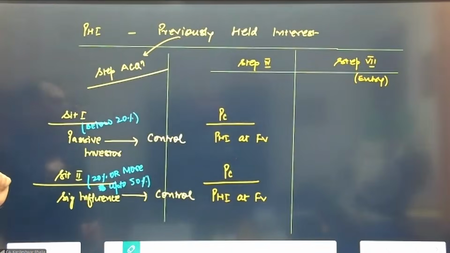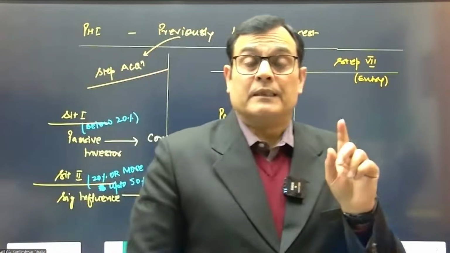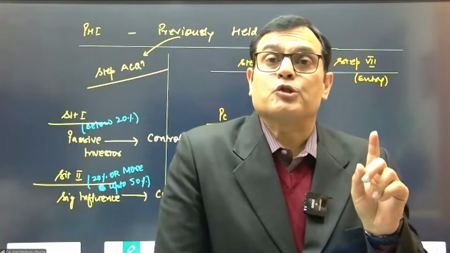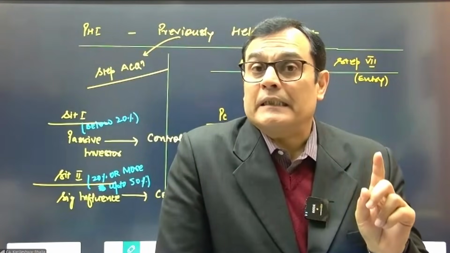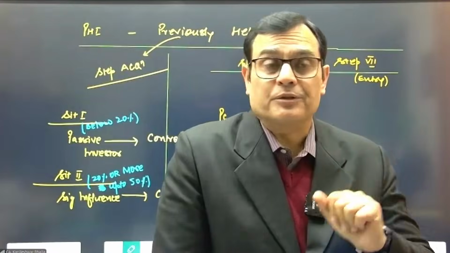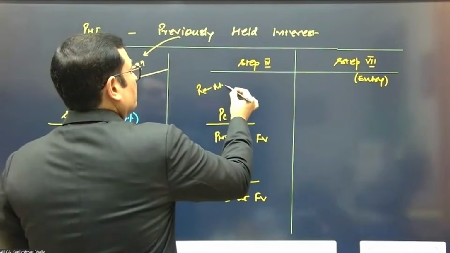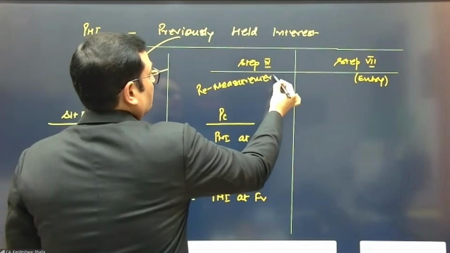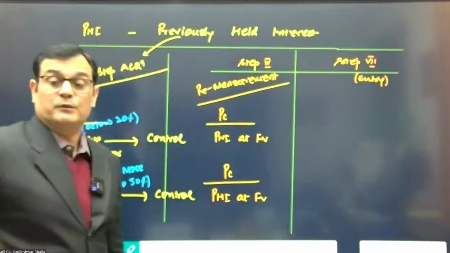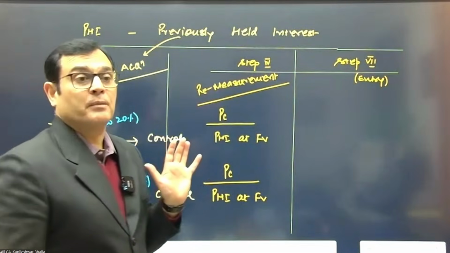So irrespective of whether it is case 1 or case 2, the previously held interest is to be remeasured, and the fair value of the PHI is a part of the purchase consideration. So the basic input is that you need to go in for a remeasurement of the PHI. The PHI will be remeasured and taken at fair value as a part of the PC.